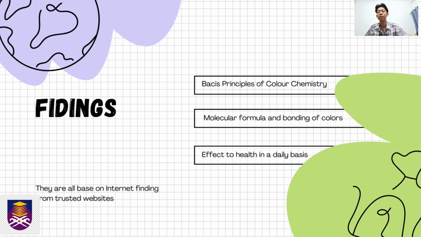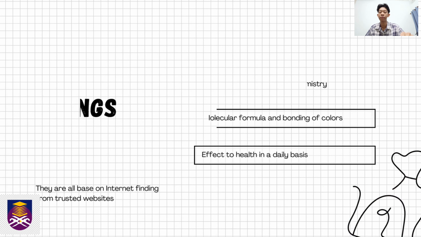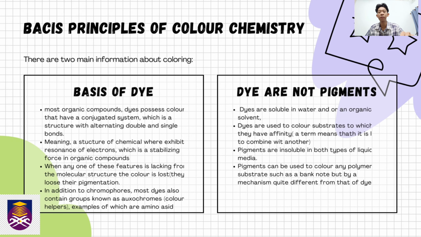So this is one of the 3 findings that I found based on internet research. First is the basic principle of color chemistry, where we divide dyes and pigments. Dyes and pigments are not the same.